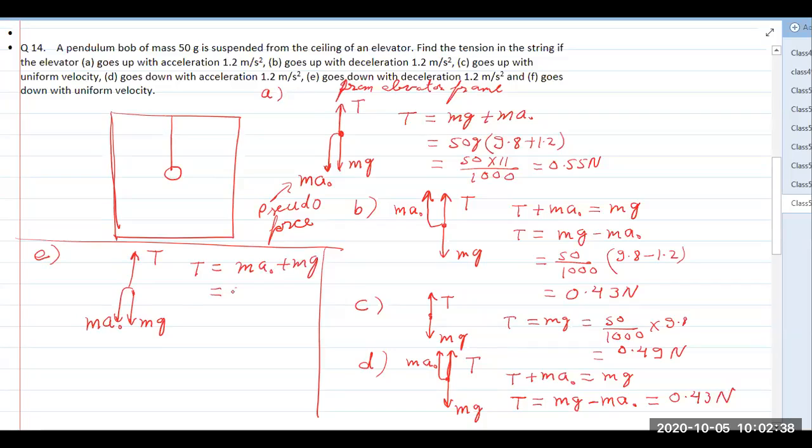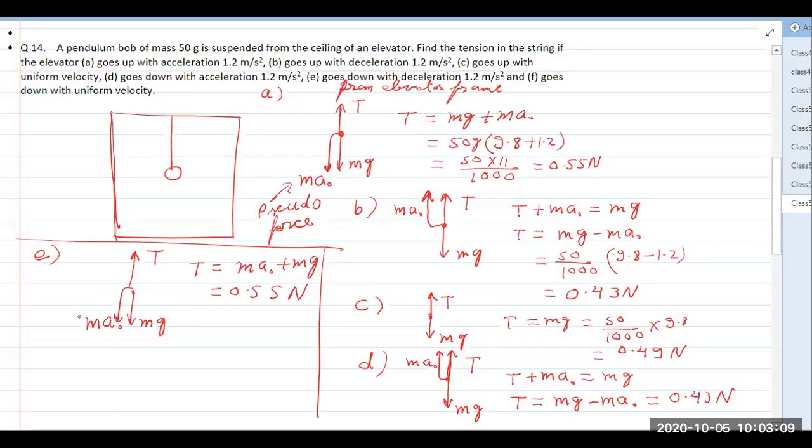So this will be equal to 0.55 Newton. If lift is going downward and it is trying to stop, it is decelerating in downward direction, then we will have this kind of situation. Downward deceleration is equivalent to upward acceleration, and upward acceleration means the pseudo force will be in downward direction.